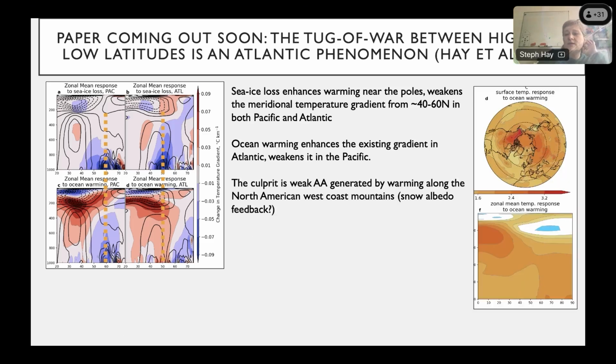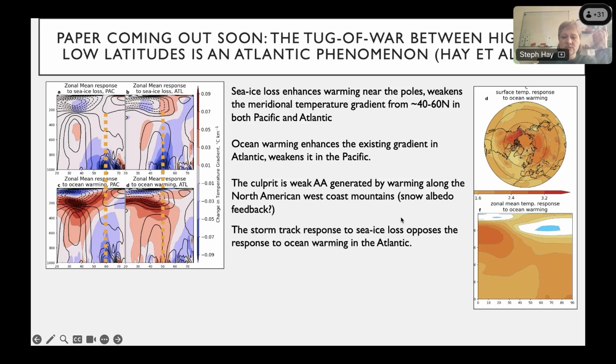Really briefly, why we have a different situation in the Pacific has to do with the existence of the continents creating this warming to the north of the basin, and in particular warming along the North American mountains, like a snow albedo feedback that's itself driven by ocean warming rather than by polar forcing.